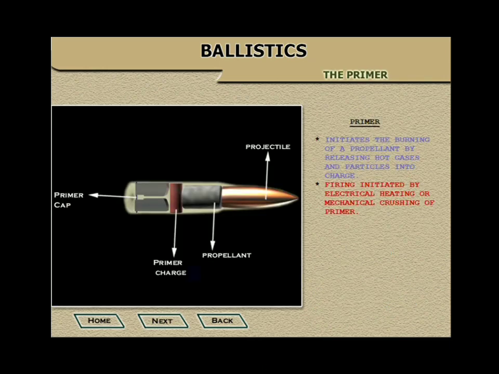The primer. A primer initiates the burning of a propellant by releasing hot gases and particles into the charge. The firing is initiated by electrical heating or mechanical crushing of the primer.